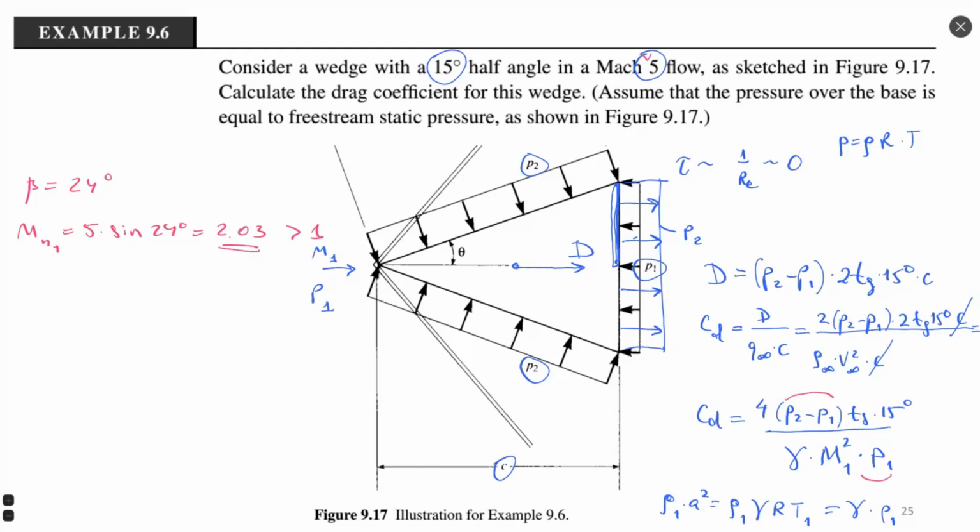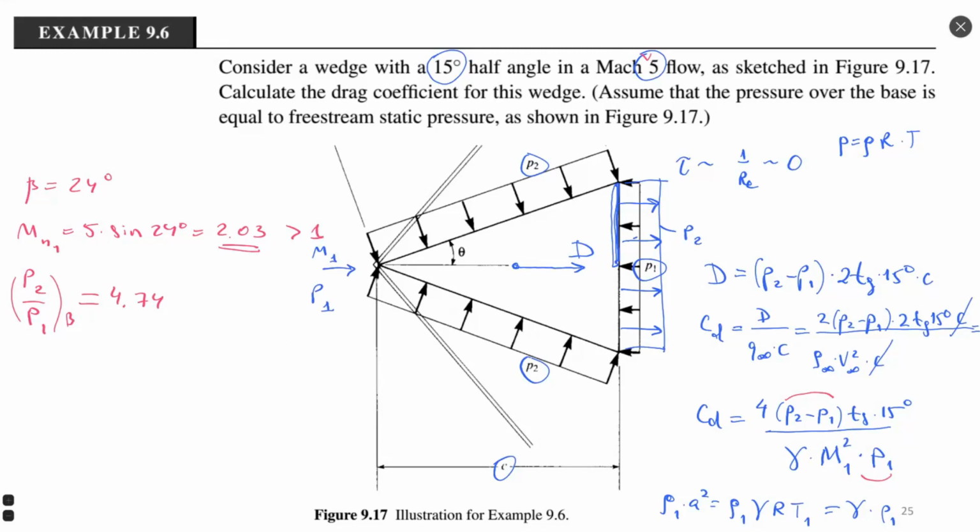And I see my pressure ratio is 4.74, pressure 2 by pressure 1. We have this inside our Appendix B. I use Mn1 as a reference, and I find this value, 4.74.